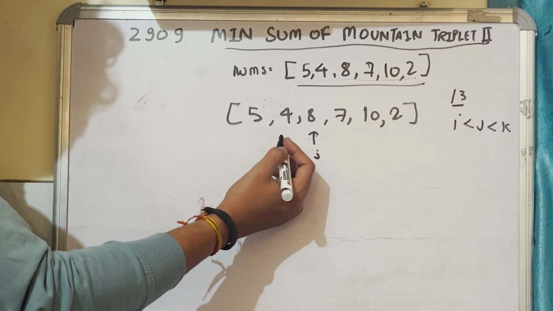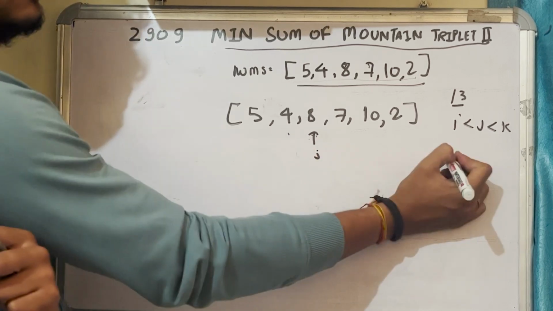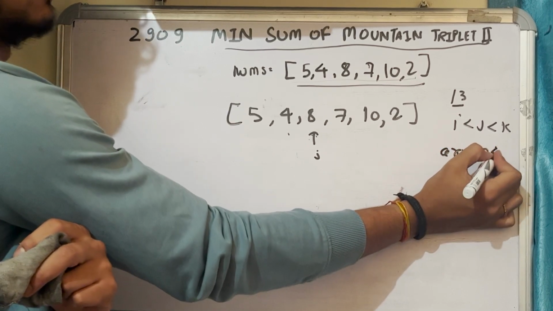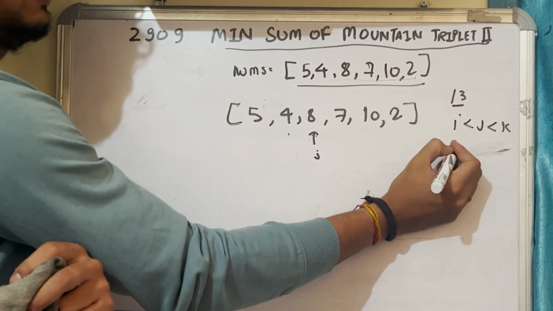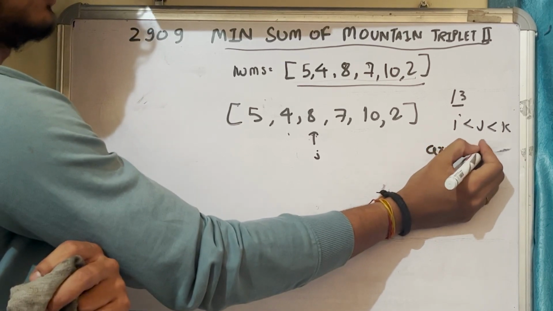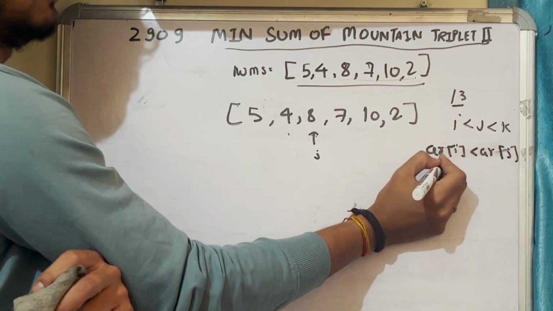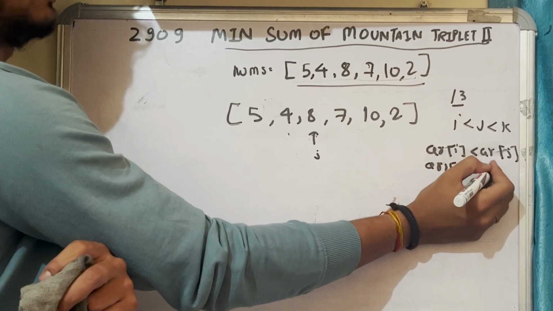You have to choose ith index which is less than j, and the value of array of i should be less than array of j. Array of k should be less than array of j.